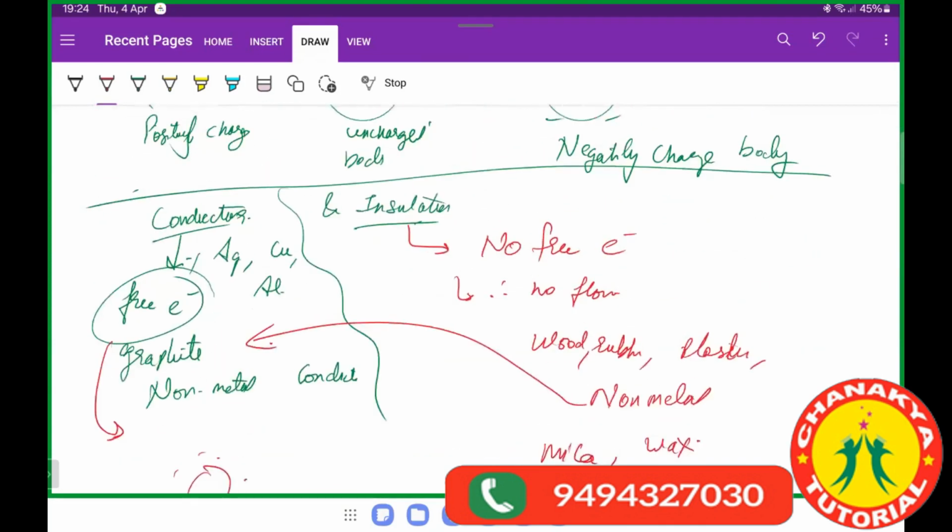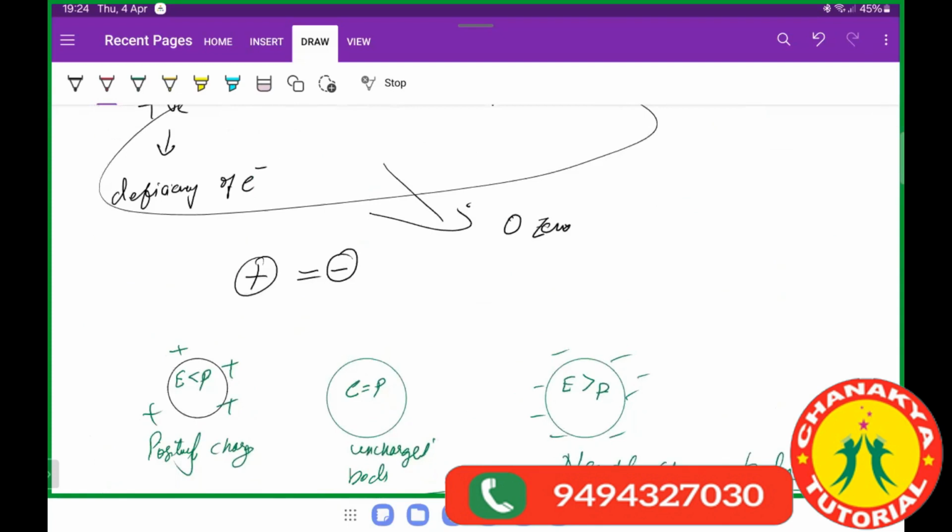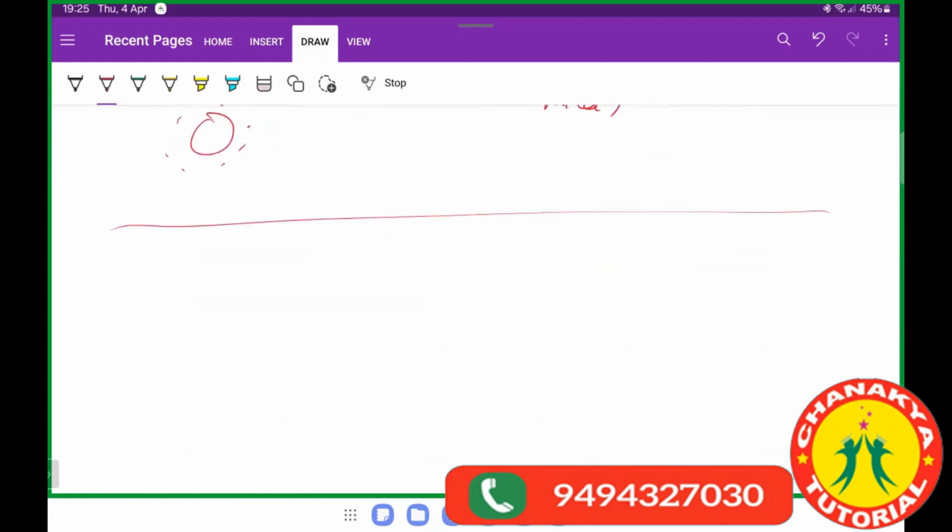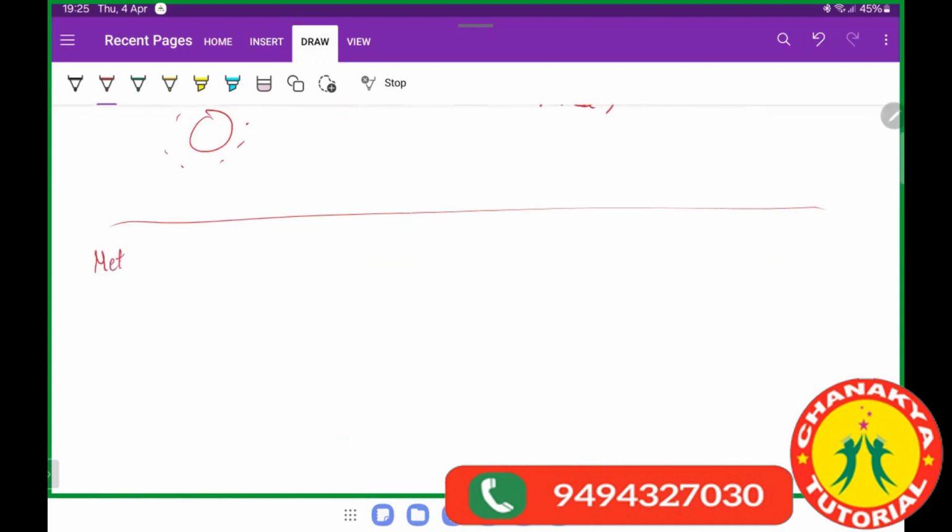We saw charge and how to charge this. There are methods of charging. First one, charging by friction.